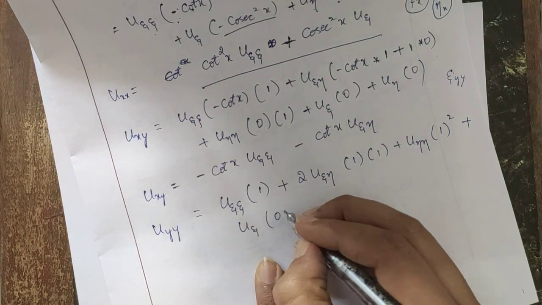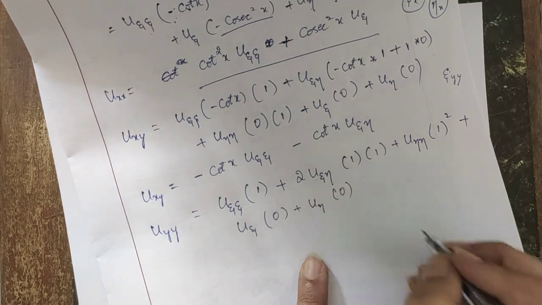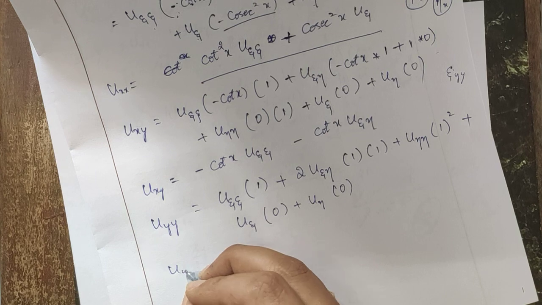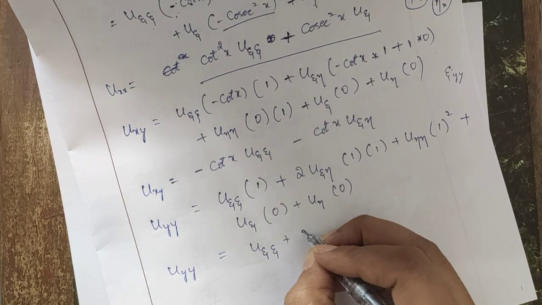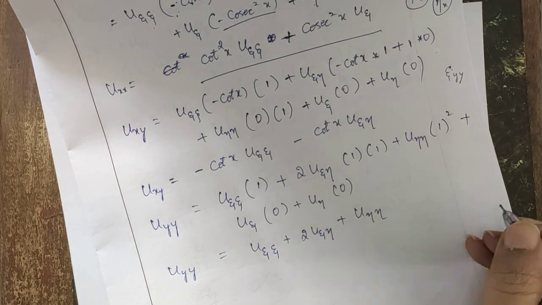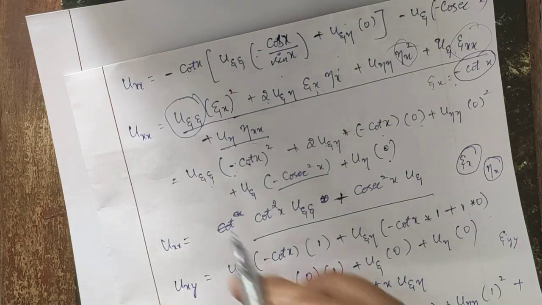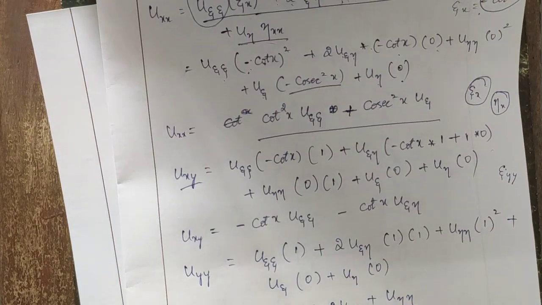So you will get it as 0 plus u eta into eta y, again you will get this as 0. So the final solution for u y y is u xi xi plus 2u xi eta plus u eta eta. So now I know the value of u xx, u xy and u yy.